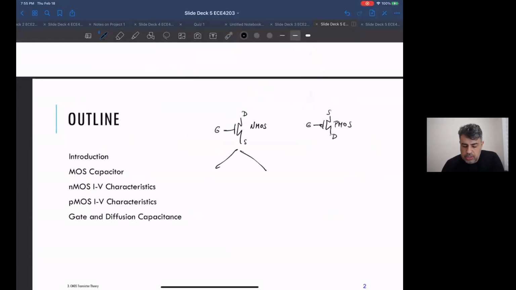For this purpose, I'm not going to worry about it. In the NMOS, if the gate is a 1, it looks like a closed switch between drain and source, and if the gate is a 0, it looks like an open switch between drain and source. The reverse is true in a PMOS.